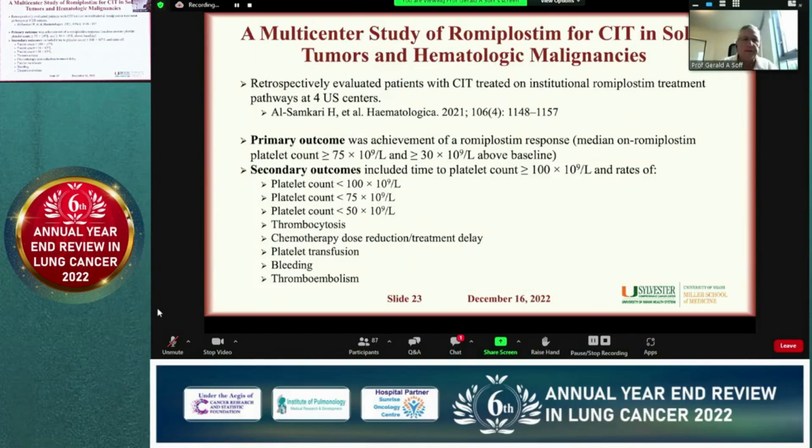My colleague and friend, Hani Al-Sankari at Massachusetts General Hospital, published a very helpful study as well. This was not a randomized trial. It's basically an institutional pathway. And the patients got Romiplostim on 1 of 2 different regimens. And he was basically looking at the recovery and maintenance of chemotherapy similar to what I did.